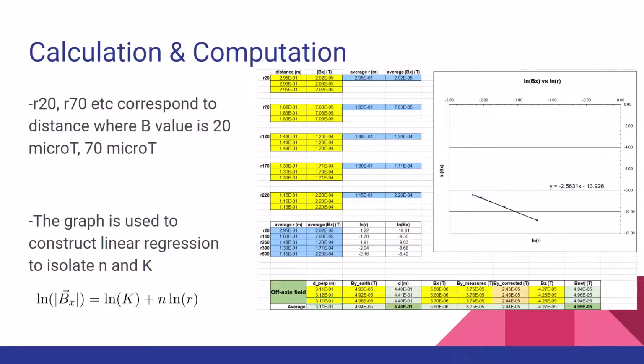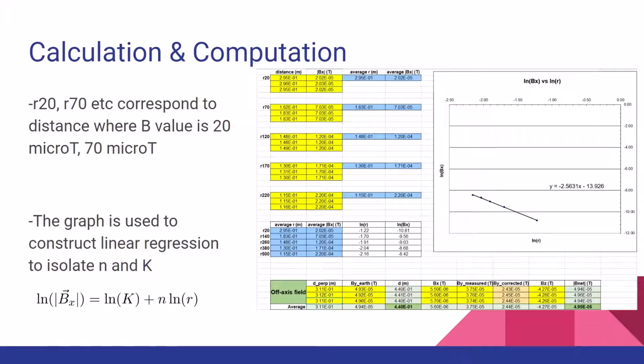So, some computation. Basically, we constructed an Excel spreadsheet with data shown here and used that data to construct a regression using this equation: the natural log of B equals the natural log of k plus n times the natural log of r.